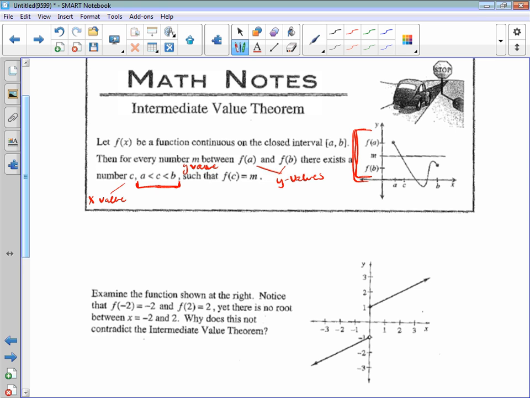So if you look on the x-axis, do you guys see how c is somewhere in between a and b? Okay. What they're saying is that if you did f of c, so if you plugged in that x value, you would get m, your y value. Okay. Easier to see with an example, but I just want to make sure we understand all the pieces that are happening there.